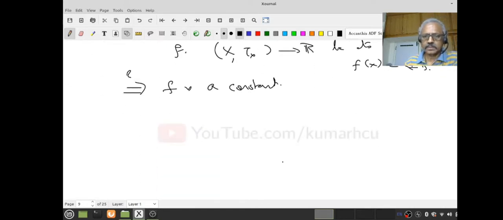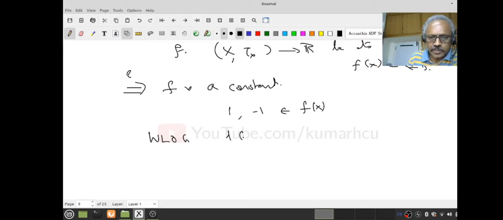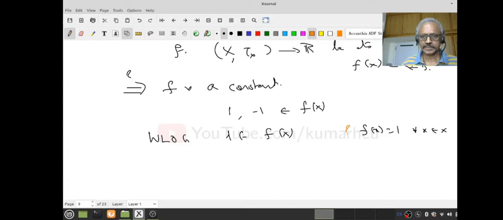Either 1 or minus 1 should be in f(X), because f takes values here. Without loss of generality, assume 1 belongs to f(X). To prove f is a constant, I want to prove f(x) equals 1 for all x in X. This is what we want to prove. Do you follow that? Very good.